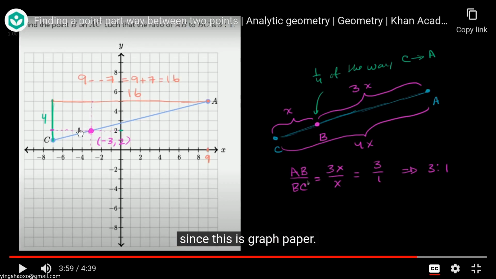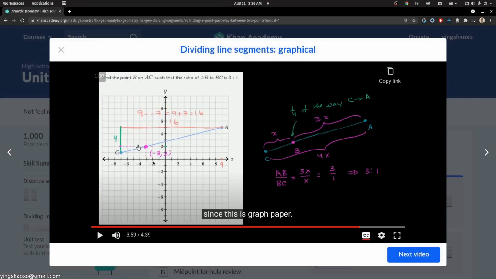All right. So if you ask me how he did that, how he managed to solve for the position of B, I would just say what he did is get the ratio between CB and BA.